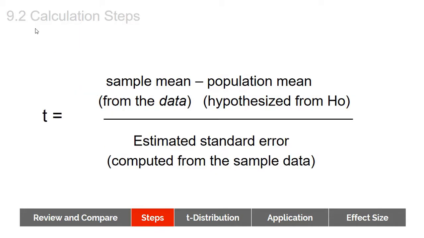And if we put it in words again, the sample mean is something we have from our data, minus our population mean, what we're hypothesizing, and the estimated standard error is computed from the sample data now. It used to be something we got from the population, but now we're computing it from the sample data.